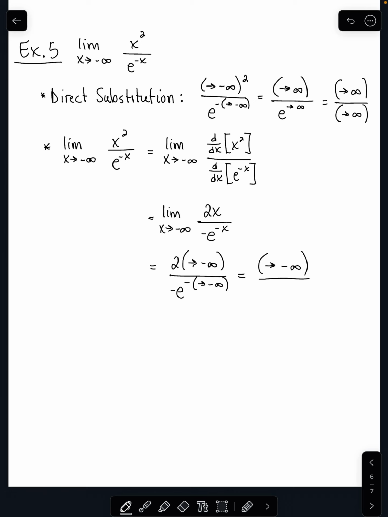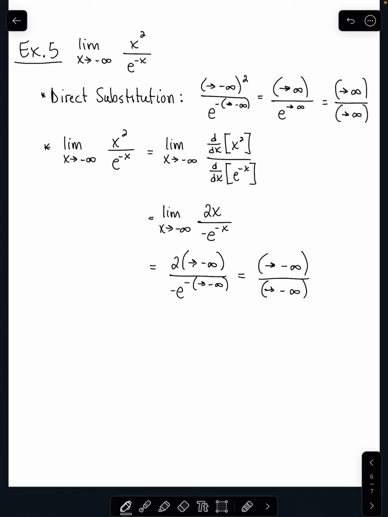as we saw earlier, when e to the negative x, as x approaches negative infinity, that will eventually approach infinity, but this time we have a negative sign in front of it. So this time, the denominator is going to approach negative infinity. And thus, we still have an indeterminate form.